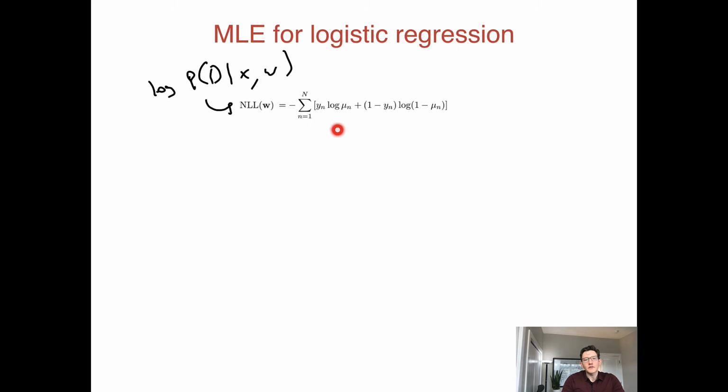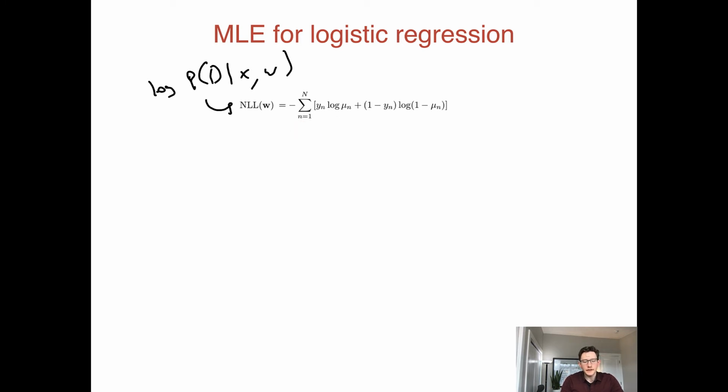So here's a way to write it. We've just split it out into two terms, one with y and one with 1 minus y. This is just another example of that indicator function trick, because note that if y is 0, then this term goes away and we have just this term, and if y is 1, the second term goes away and we have just the first term. And we have a sum over our different examples.